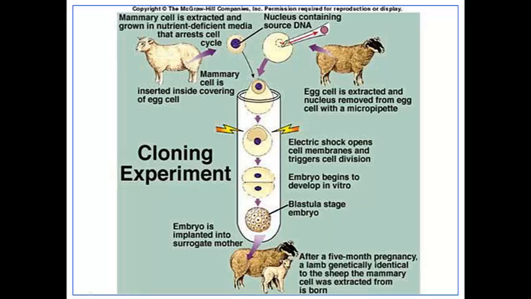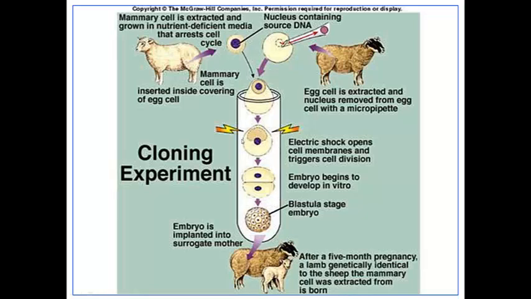Then they fused this cell containing the source DNA from the other sheep and put it into the donor egg that they took the DNA out of. Then they gave this cell an electric shock, which opened the cell membrane and triggered cell division.